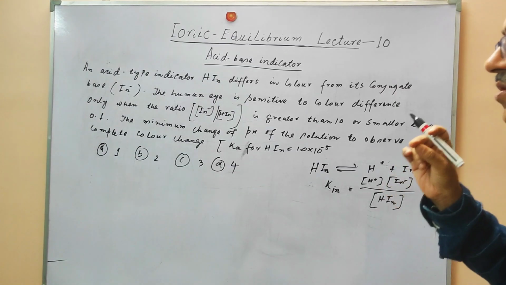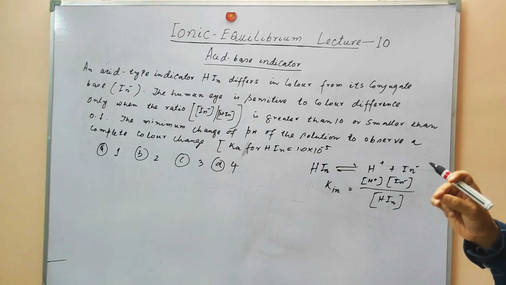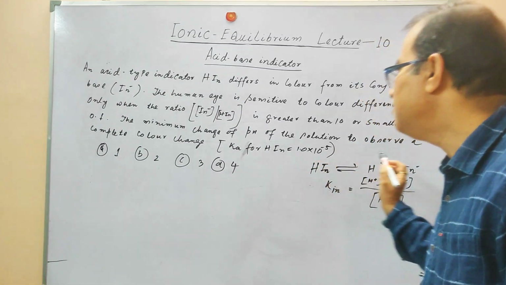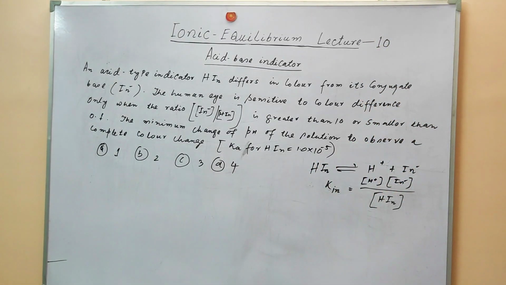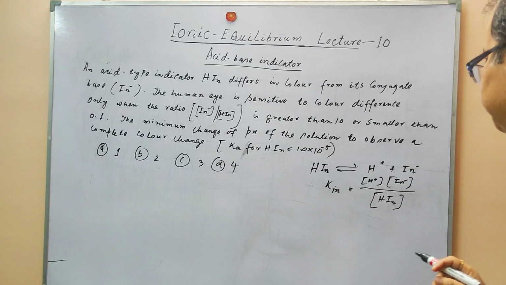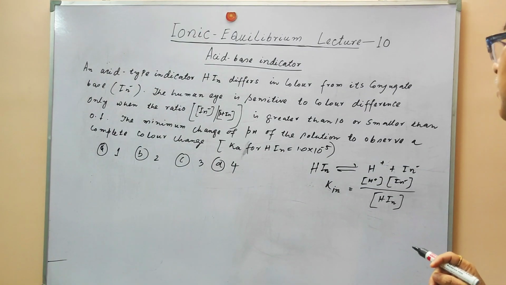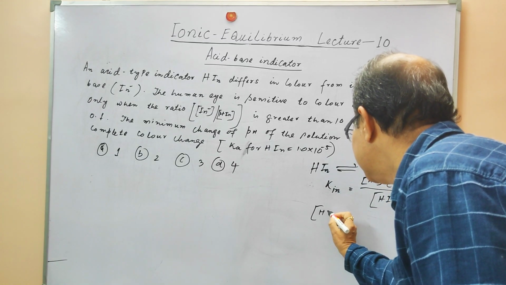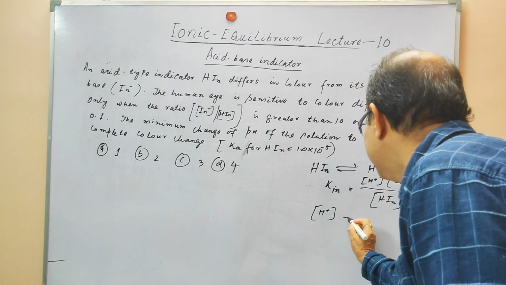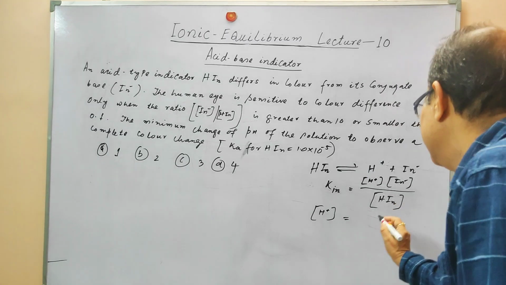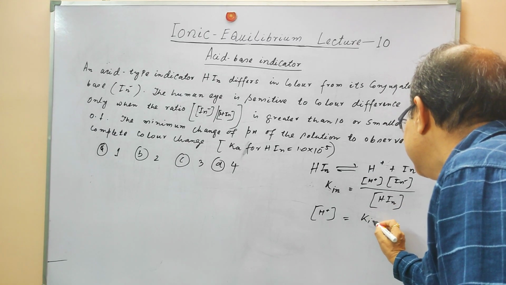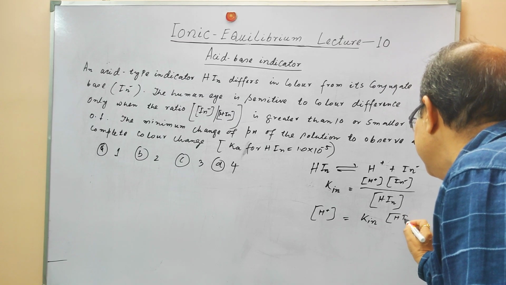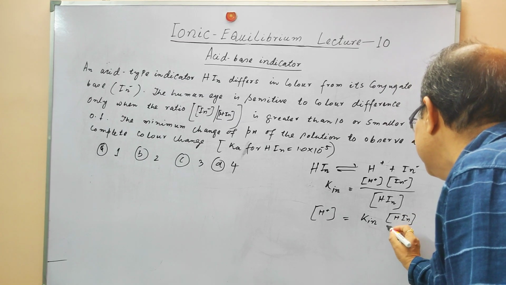At that time we have to understand which pH change occurs, and the K value for this dissociation constant has been given. First, from the dissociation we get K indicator equals the concentration of H plus into the concentration of In minus divided by the concentration of HIn.